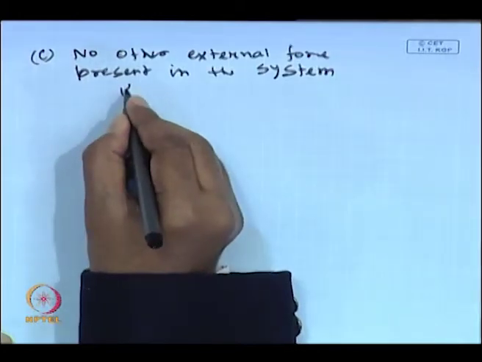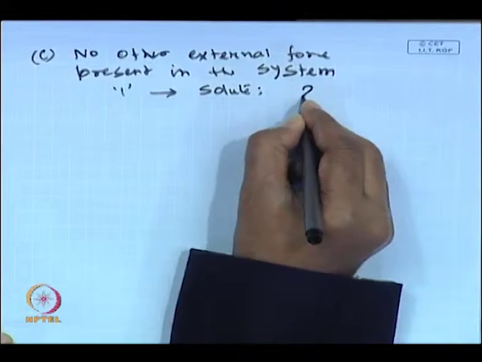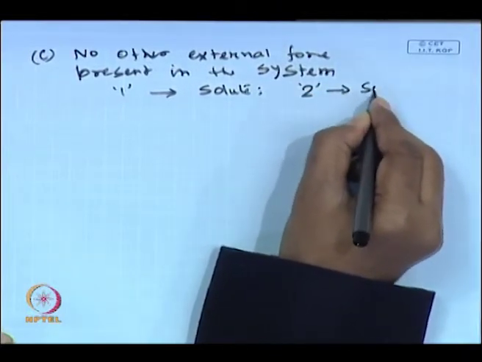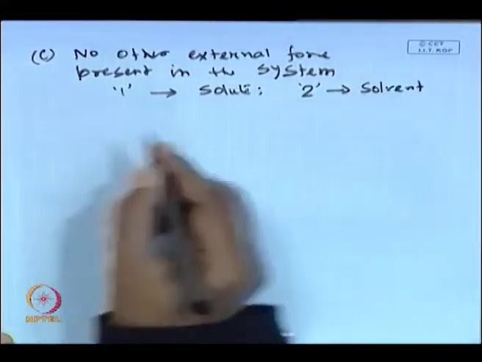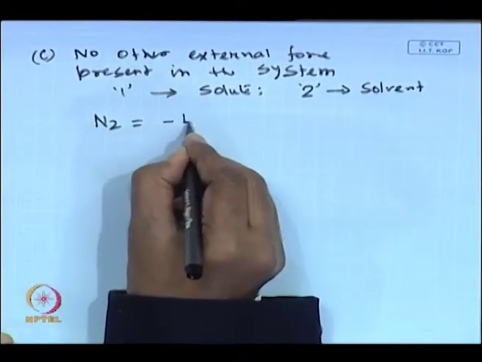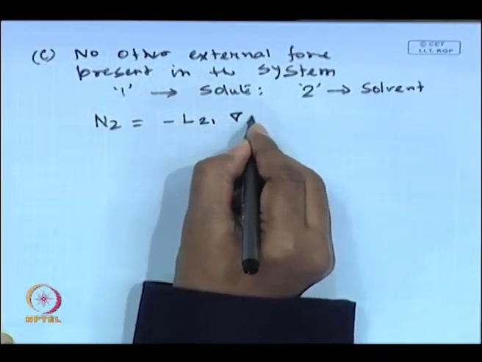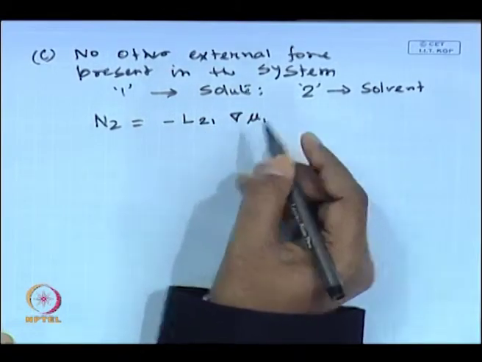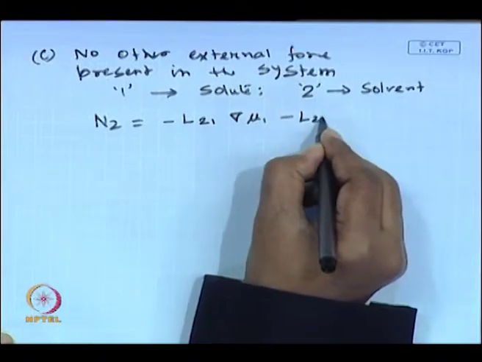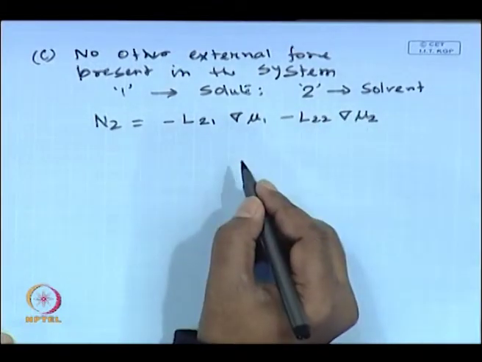Okay. Now, let us write 1 for the solute and 2 for the solvent. So, therefore, the solvent flux can be written as minus L21 gradient of mu 1, that is the potential gradient, minus L22 gradient of mu 2. The force is nothing but minus of the gradient, right.